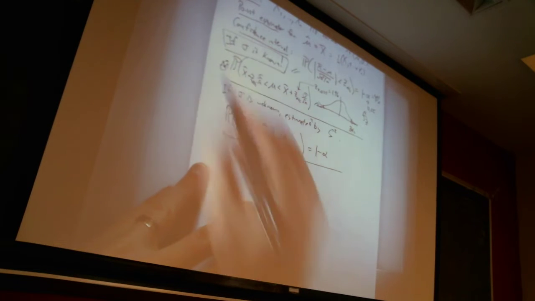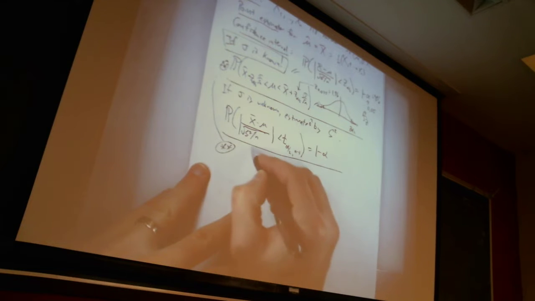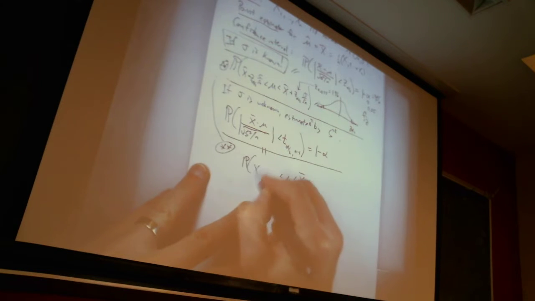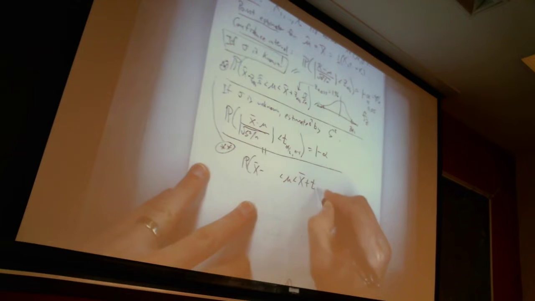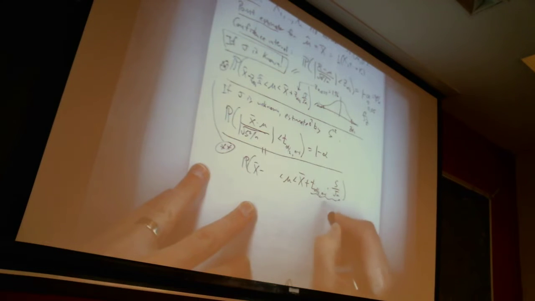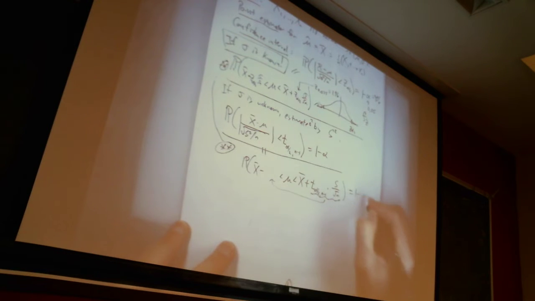Let's call this double star: this probability is equal to the probability that mu lies between x bar plus and x bar minus the same thing. And what is that thing? It's t alpha over 2, n minus 1, times s over root n. That will be equal to 1 minus alpha.